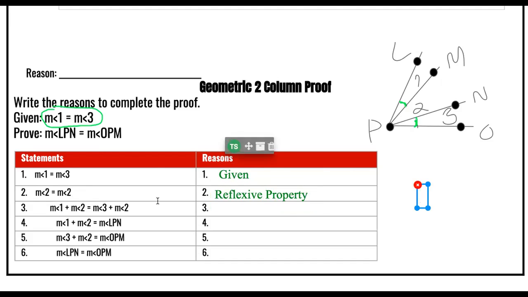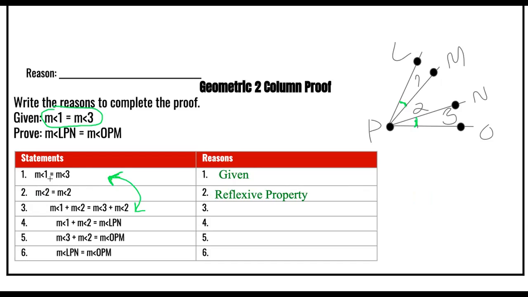All right, good, moving on. Now we have measure of angle 1 plus measure of angle 2 equals measure of angle 3 plus measure of angle 2. Look at the similarities between statement 1 and statement 3. 1 is still on the left, 3 is still on the right.